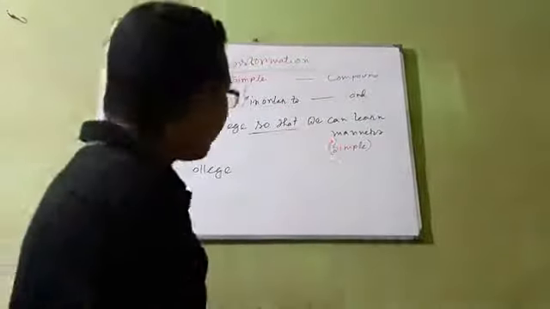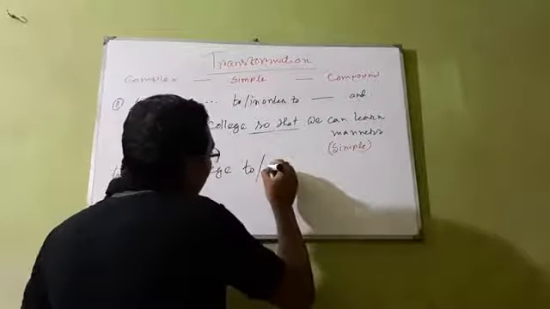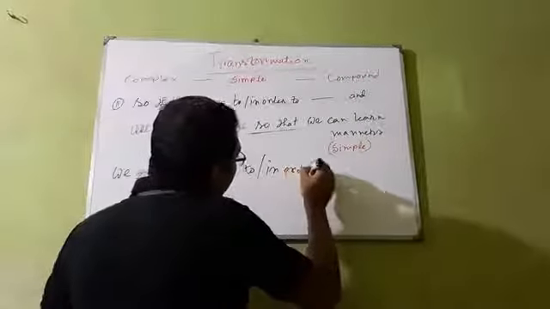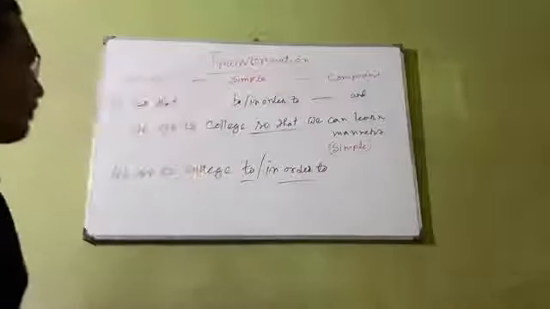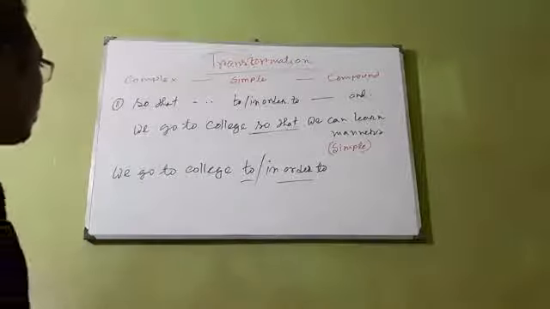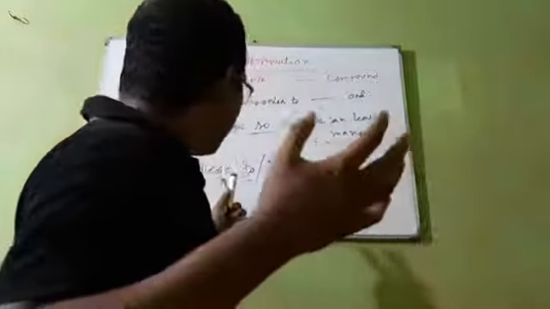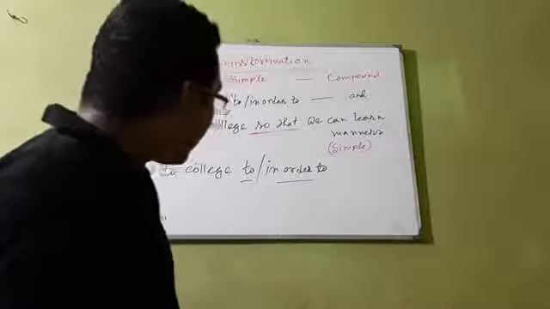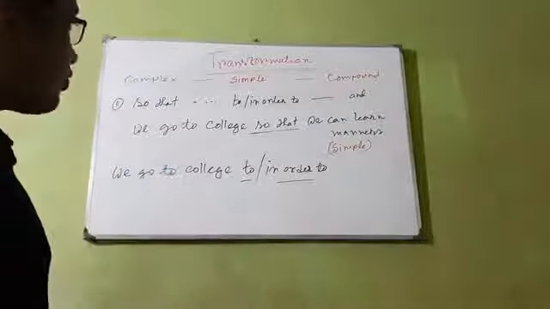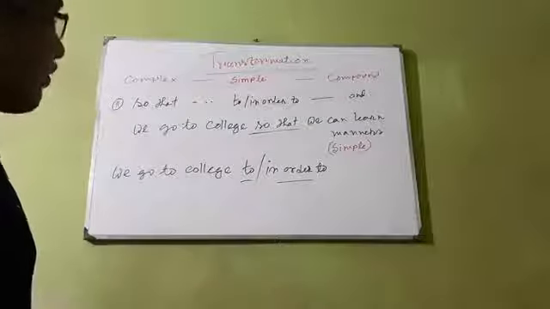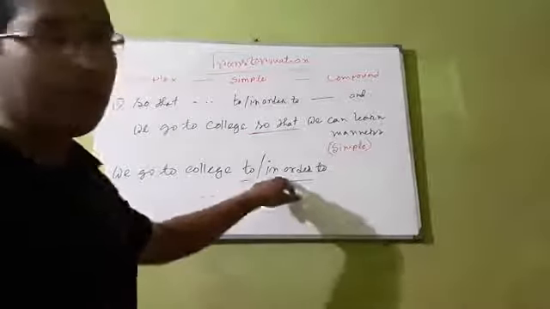Okay, write down to or in order to. You can use any one of these two to make the sentence into simple. We go to college to or in order to, and in the previous example we have learned that we have to put the principal verb in base form after the preposition to or in order to.